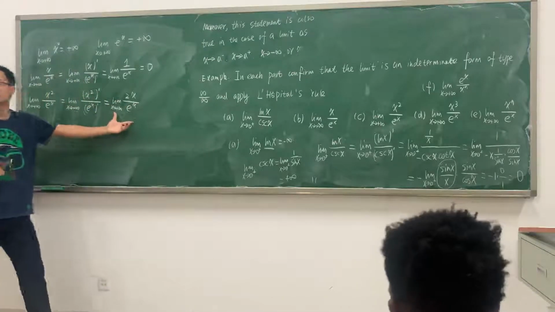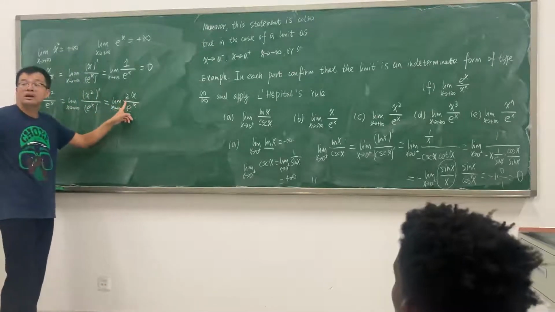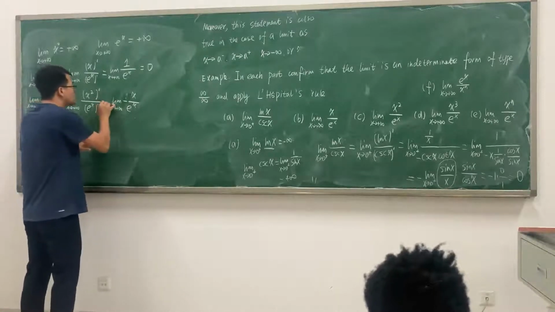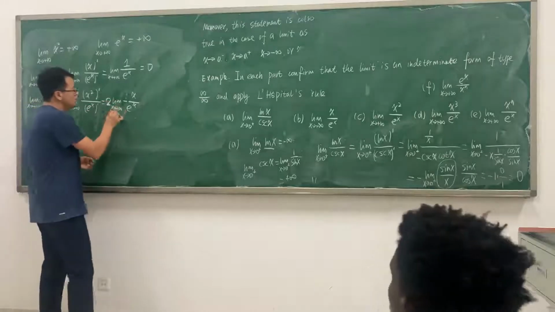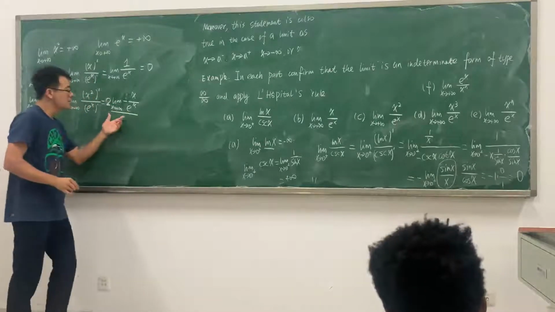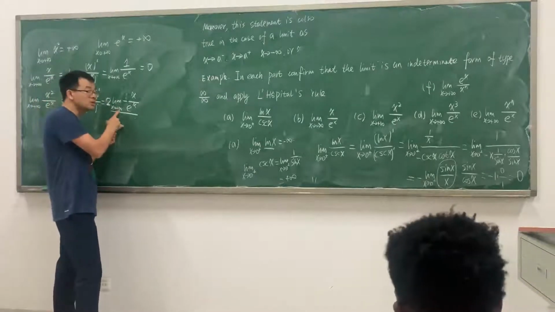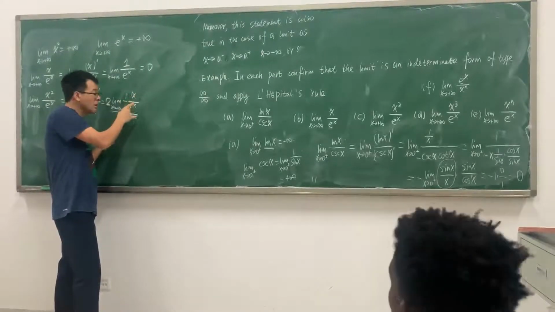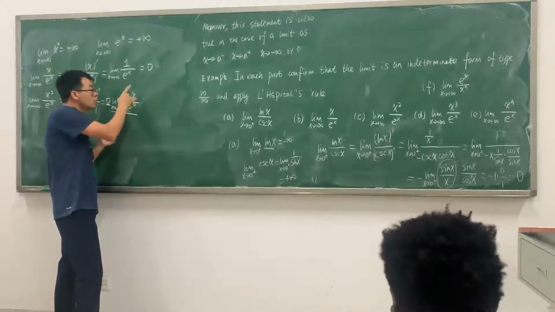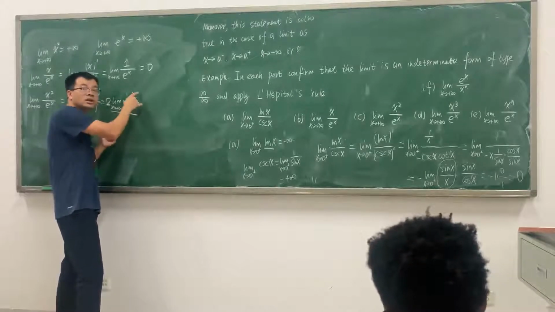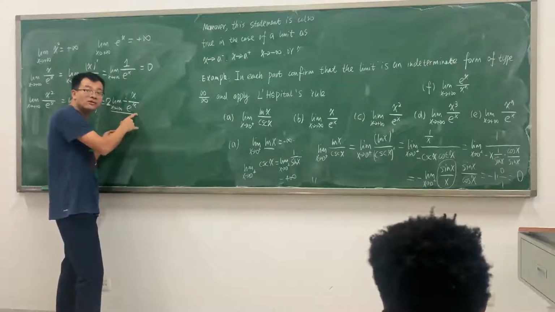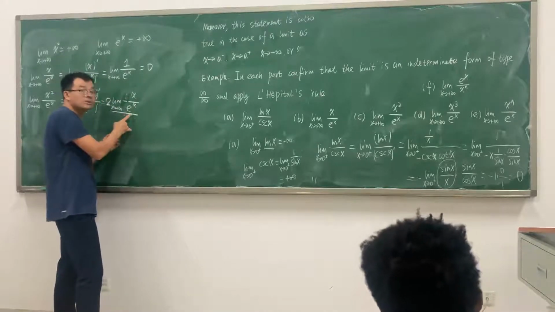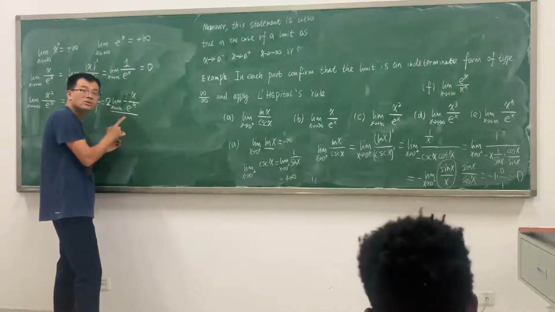This 2 is a constant, and a constant can be moved outside the limit. Now as x approaches plus infinity, x approaches plus infinity and e^x is also plus infinity, so this is again an indeterminate form. We can use L'Hopital's rule again.